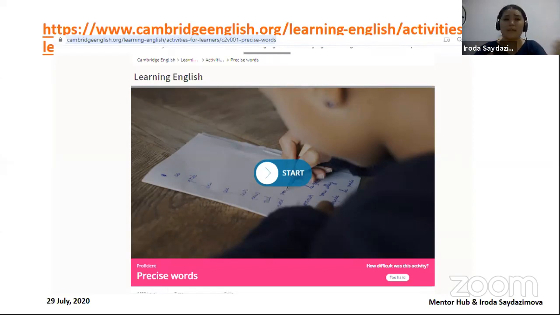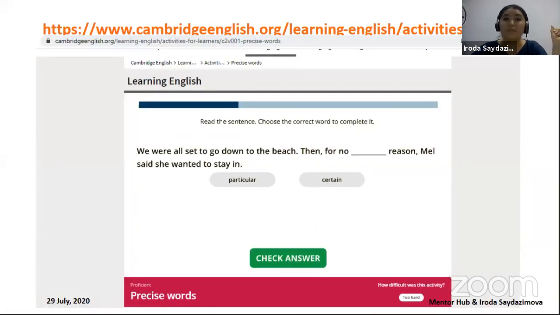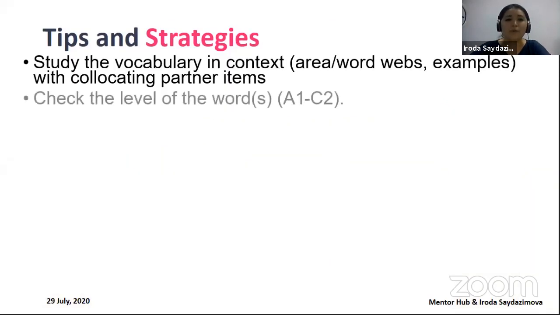For this particular activity, they show you a context, like a sentence, and then you've got to choose what would be the right word. Would it be particular or certain? Seemingly, these two words are interchangeable. Seemingly, they are synonyms, but no, only one of them is correct. And I would suggest you check it out and see how you can deal with it and spot the difference. And as I told you, please don't become obsessed with them, okay?